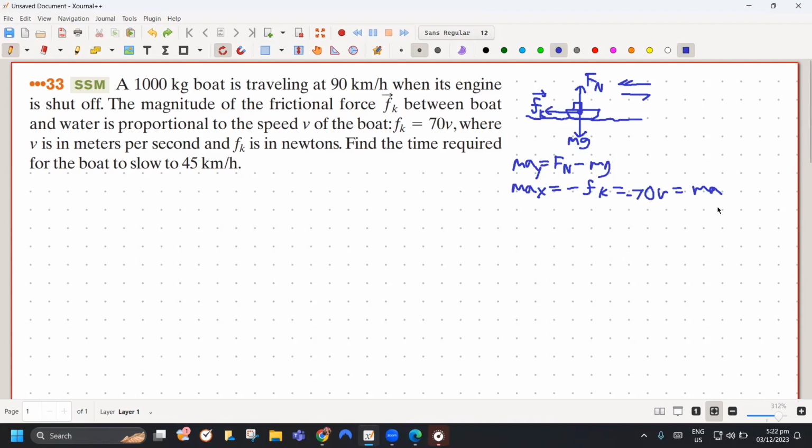Ano ba yung relationship ng velocity at acceleration? Mali. Velocity is not dv/dt.